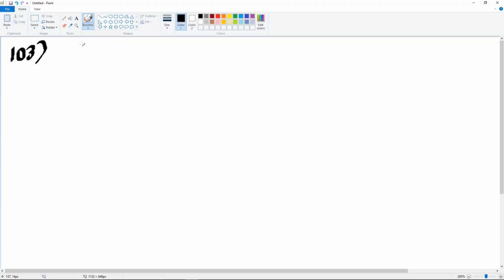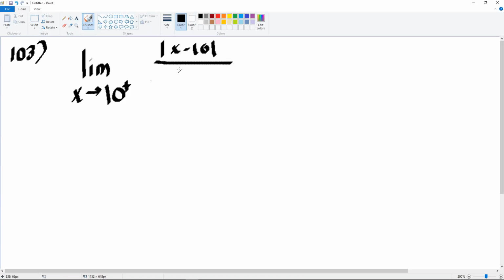Okay, so you have the limit as x approaches 10 from the right of the absolute value of x minus 10 over x minus 10.